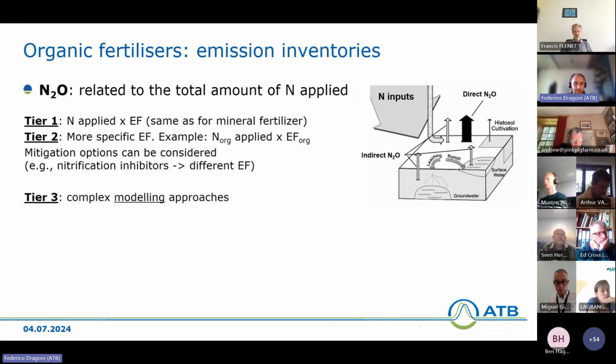The models are mostly scientific tools meant to study the complexity of the system without having to physically go into the fields and do measurements, because these are very expensive and very complex. They are done anyway at scientific level, but you cannot pretend to measure everything, because that would be simply impossible.